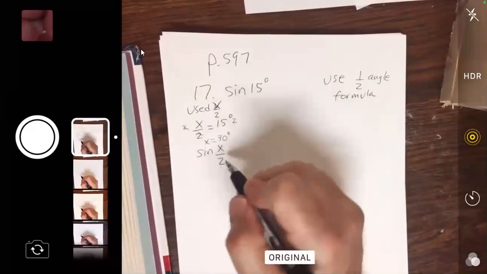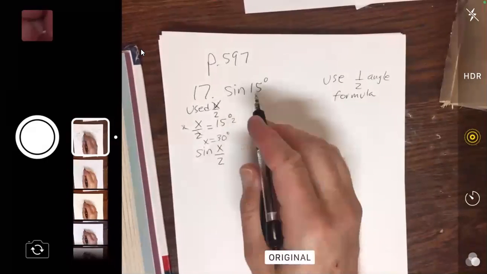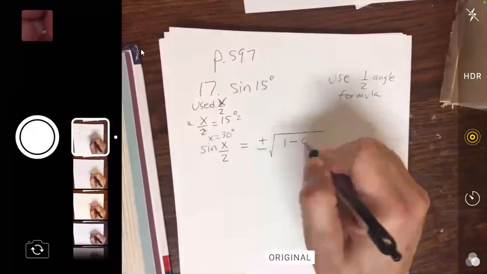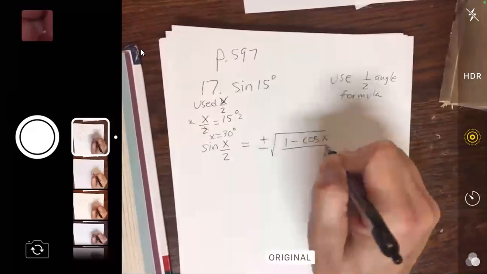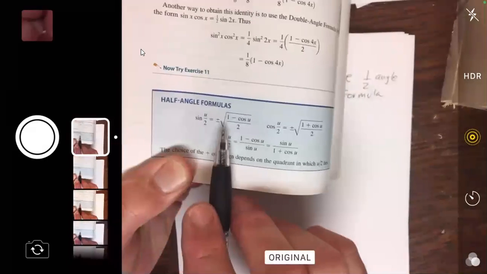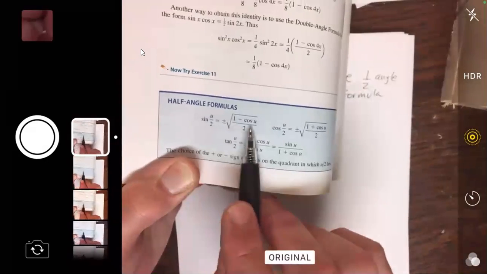If you remember, that was plus or minus square root of 1 minus cosine x, over 2. I'm just using x instead of u. Sine of u over 2 is plus or minus square root of 1 minus cosine u, over 2. I'm just using x over 2, 1 minus cosine x all over 2.